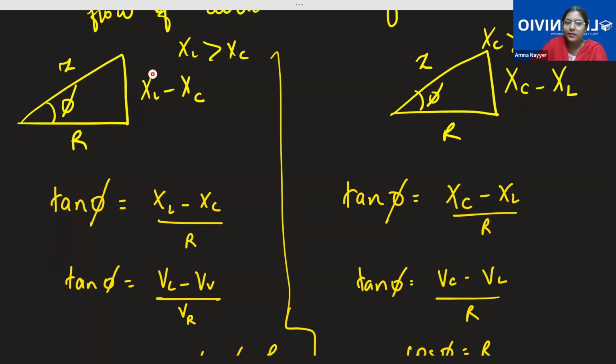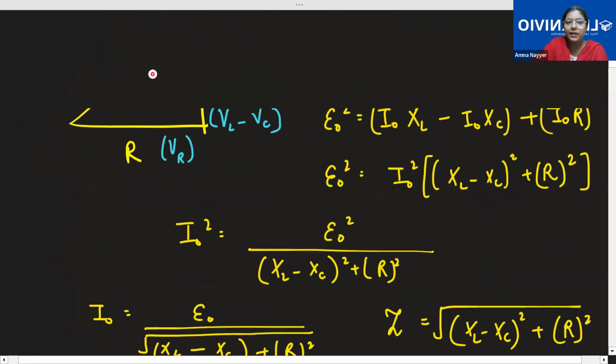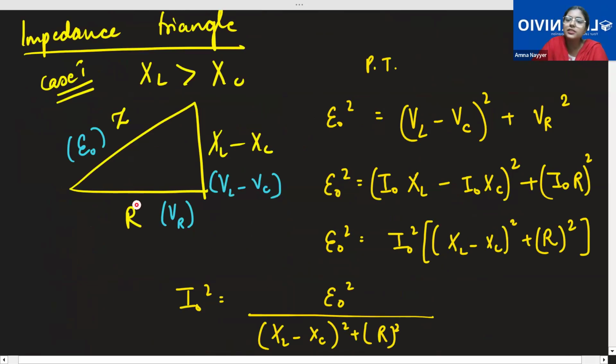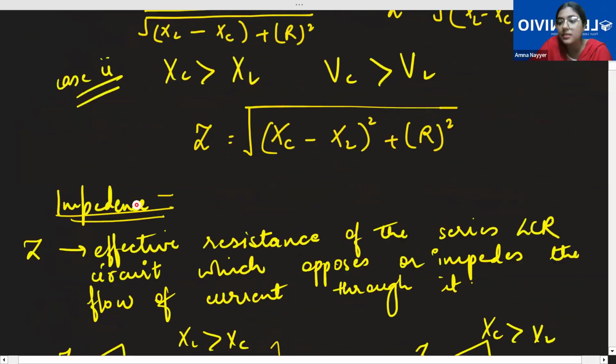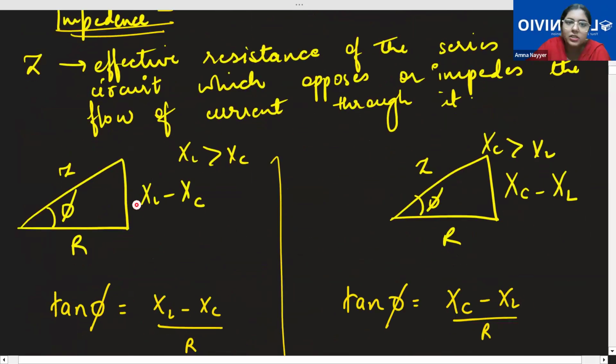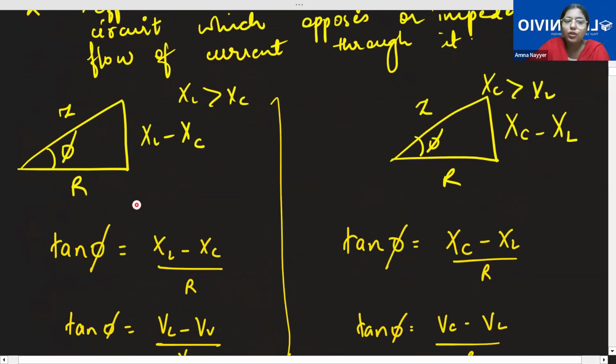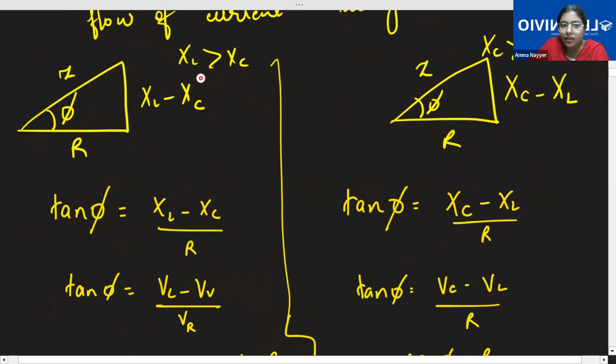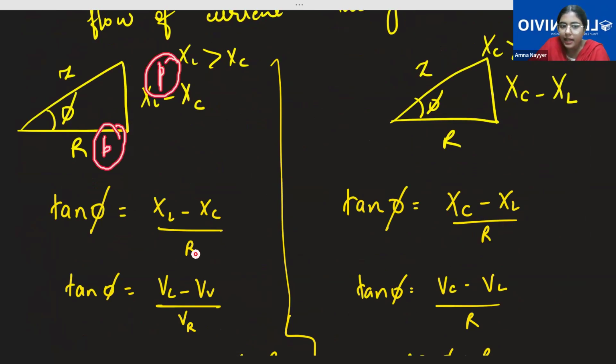So here also I had the same diagram, XL minus XC. This triangle is known as the impedance triangle, which was developed for its derivation only, because this was derived through experiments. Now if you calculate, tan will be perpendicular upon base, XL minus XC by R, or in this case XC minus XL by R. I also wrote VL minus VC and this as VR.